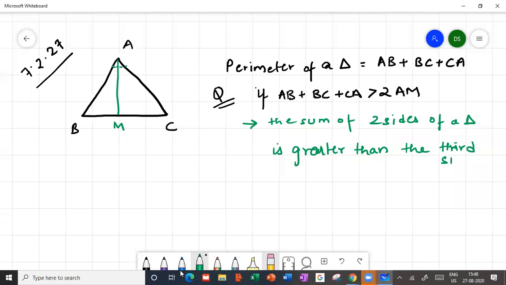Yes, ma'am. Correct. In a triangle, the sum of two sides will be more than the third side. So basically we use this property to solve this question.